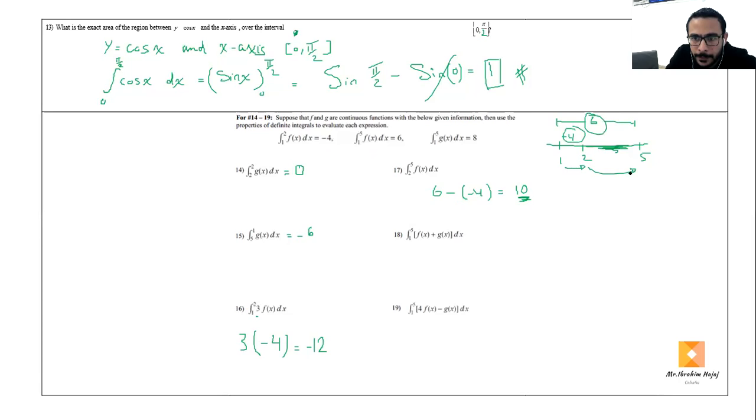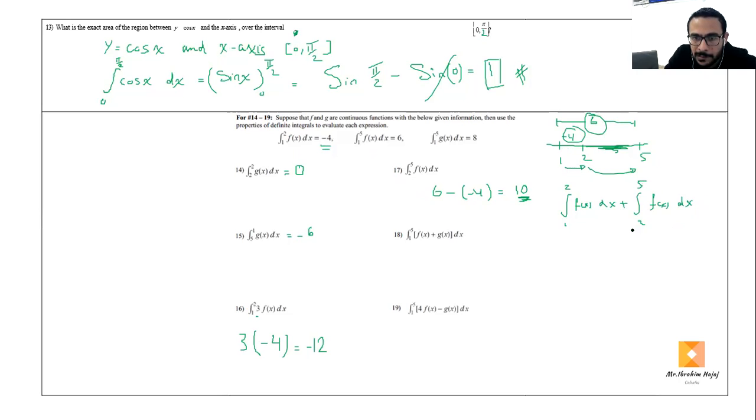But look at the integrals. Yes, the integrals. I understand you. From 1 to 2, exactly, they cancel, because the 1 will cancel. So we flip it and it becomes negative. So 6 minus 4, from 1 to 2 of the function dx, and then from 2 to 5 of f of x dx.